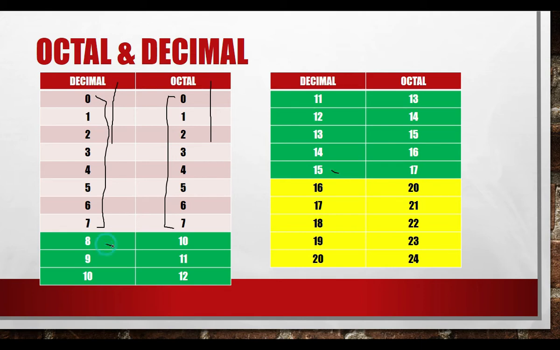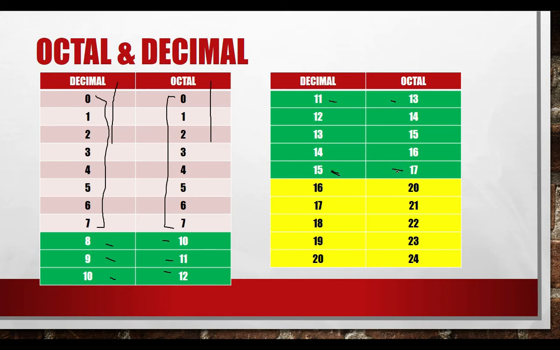So 8 in decimal becomes 10, 9 becomes 11, 10 becomes 12, 11 becomes 13, and this keeps going until 15. And 15 in decimal is 17 in octal.